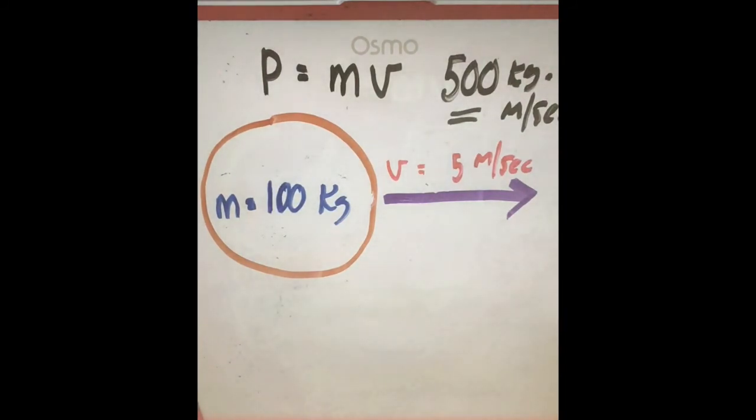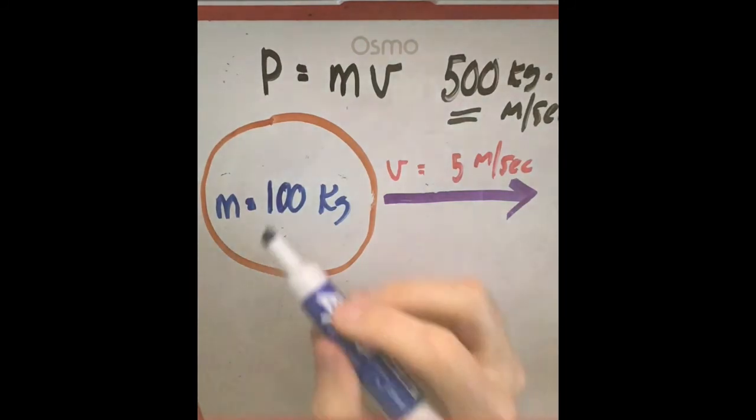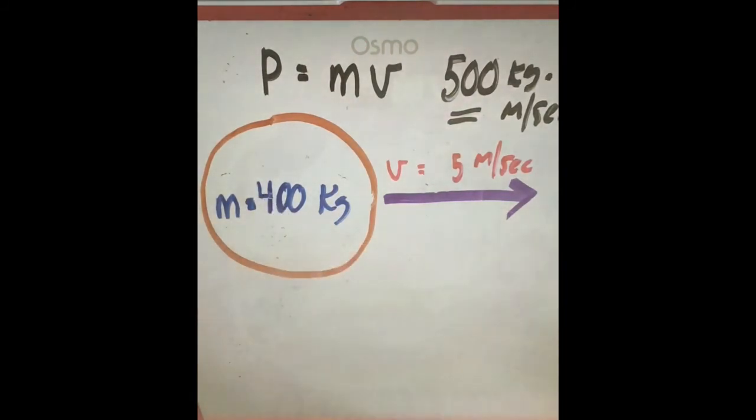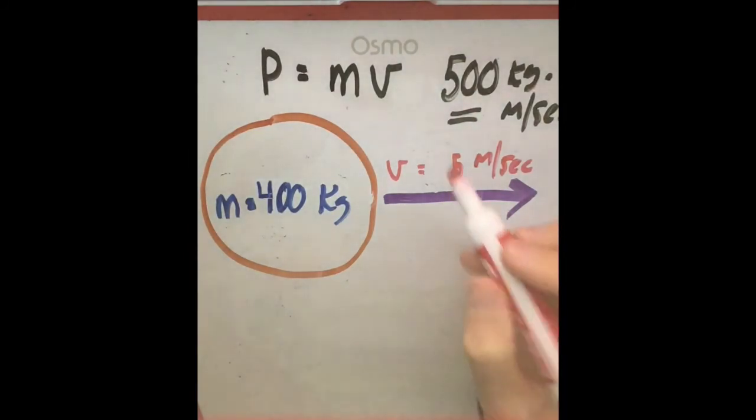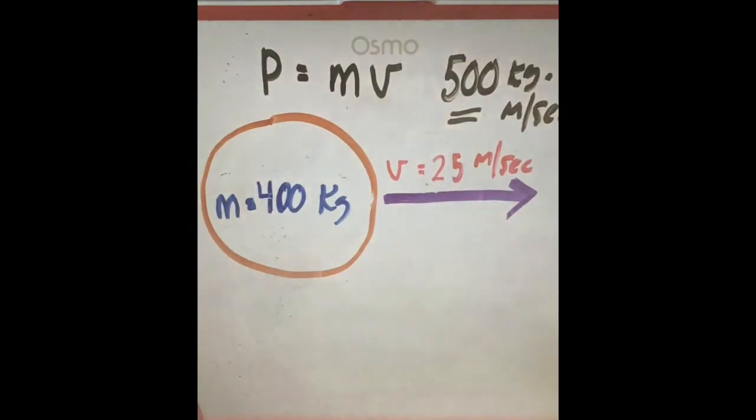Let's put this all together with one final problem. What if we were to increase the mass and the velocity? So what if the mass was increased by 4 times and the velocity was increased by 5 times? Well, our formula is still P equals m times v.